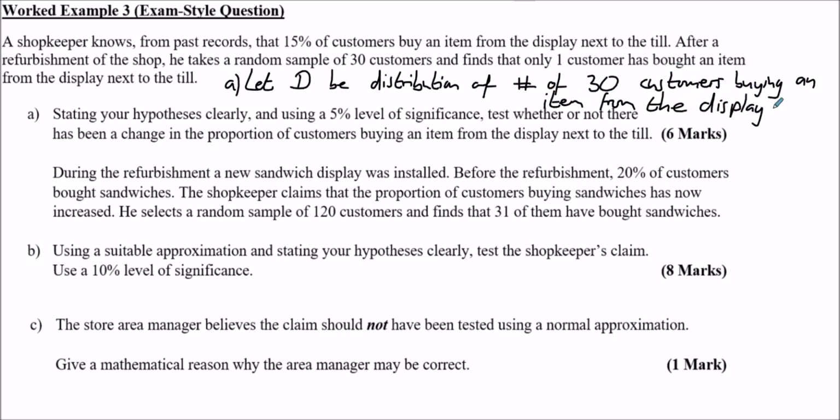Now in that case, either they buy an item or they do not. So D is going to be a binomial distribution.